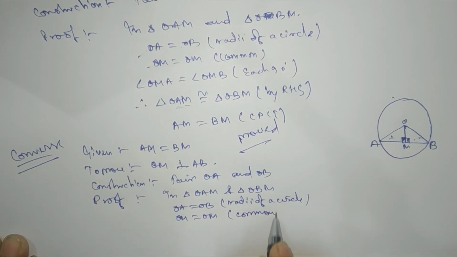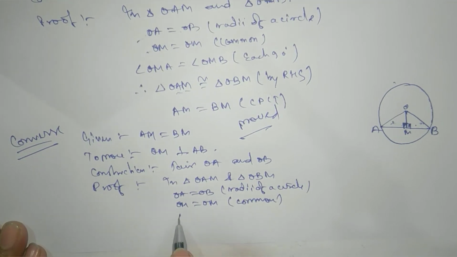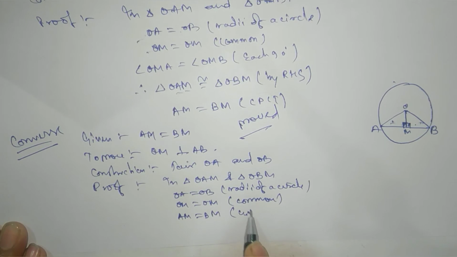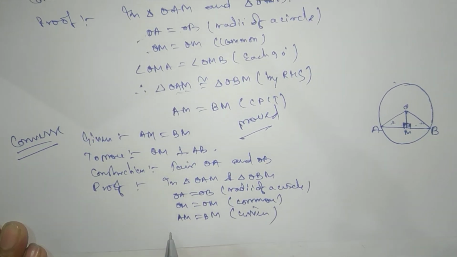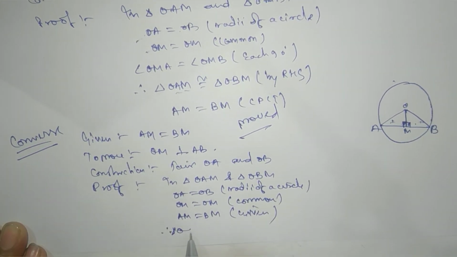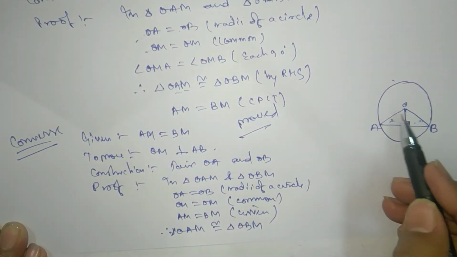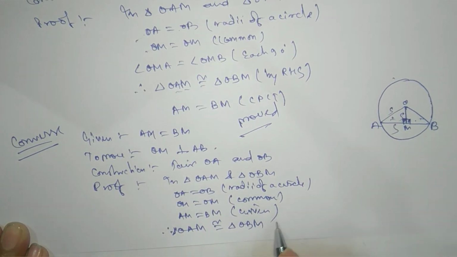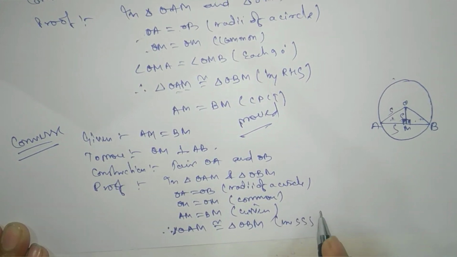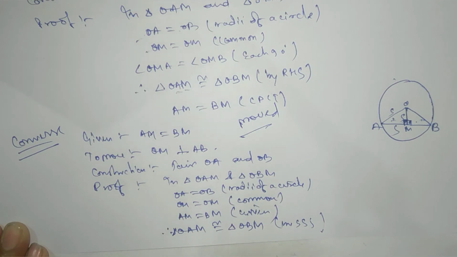And the third one, this time it has been given, that is AM equals BM. It is given as it bisects. Now therefore we can say that triangle OAM is congruent to triangle OBM by which criteria? SSS criteria. By SSS criteria we can say these triangles are congruent.